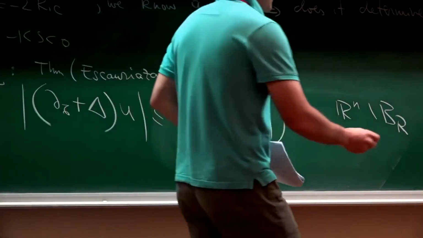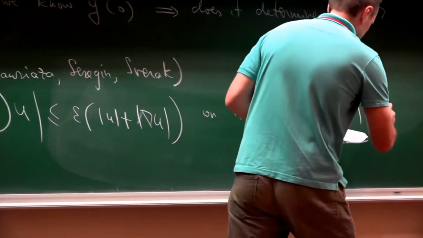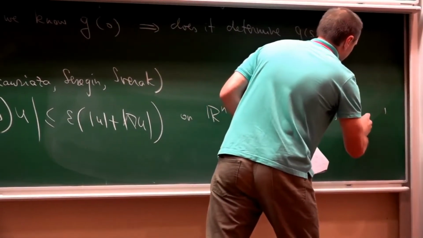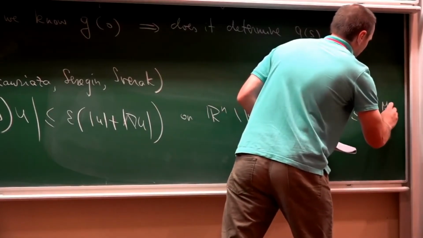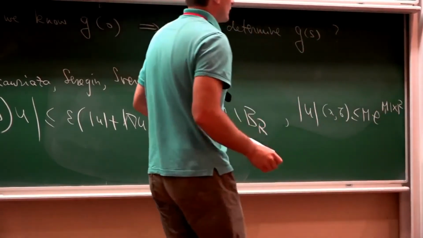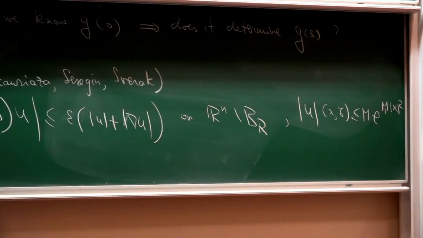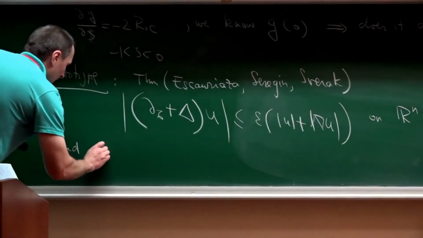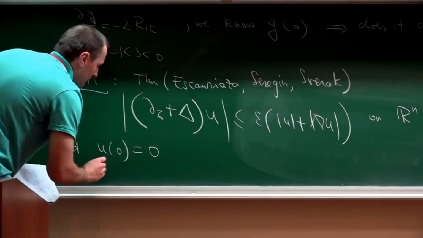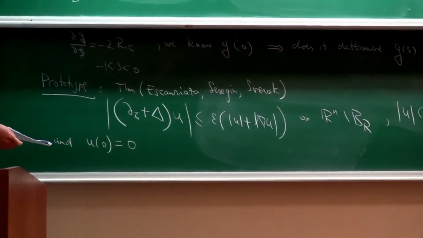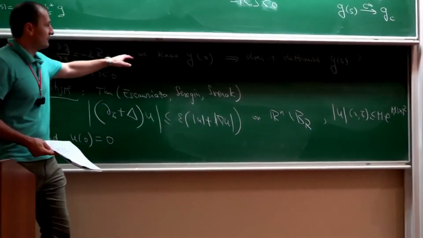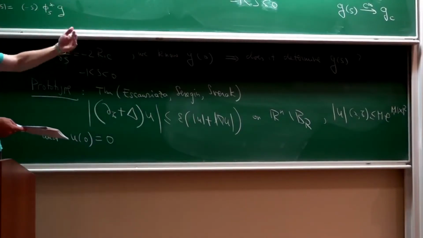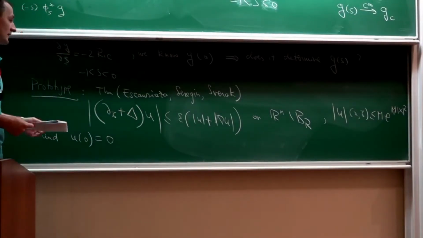And I know that the function doesn't grow too fast. It grows at most quadratic in the distance. Everything is on Rn minus that ball, so the function may not be defined everywhere. At the initial time, the function is 0. That corresponds to the final time for the heat equation, but this is the backwards heat equation, so initial time is 0.